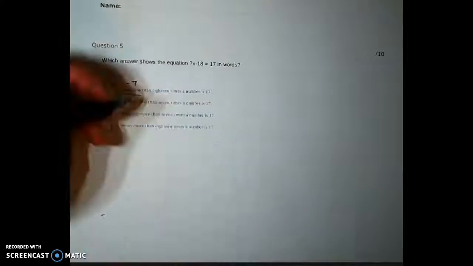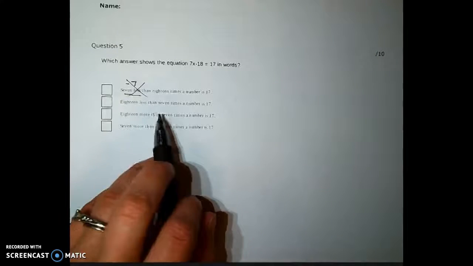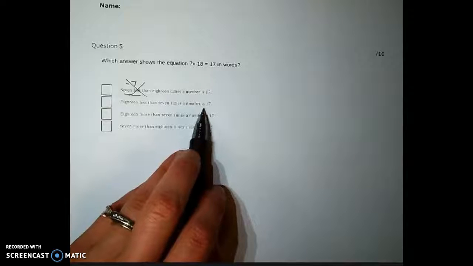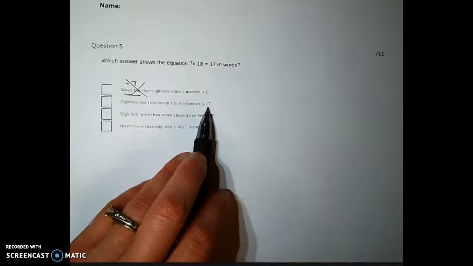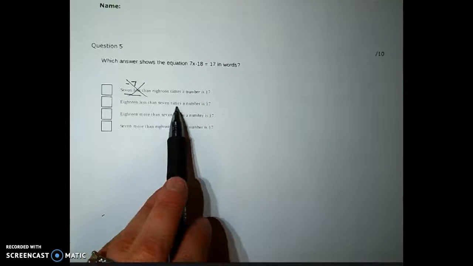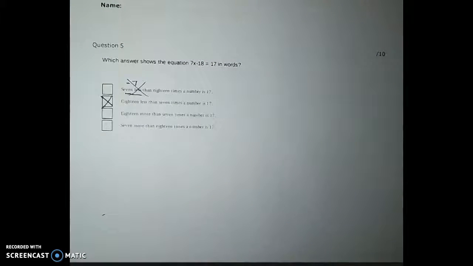We are not taking away 7, so this is not going to be the answer. Now the next one says 18 less, so that means we're taking away 18 from 7 times a number equals 17. And this one actually does work because we're taking away 18 from 7 times an unknown number and it equals 17. So this one does work, but let's check the other ones and see why they don't work.